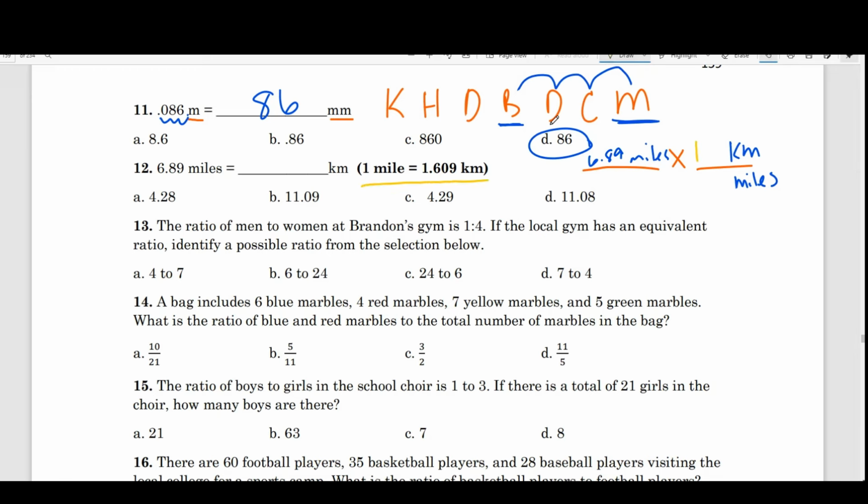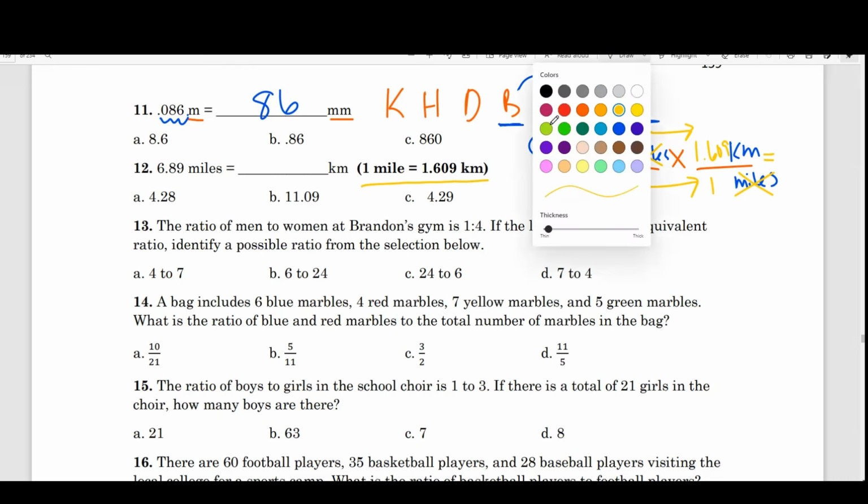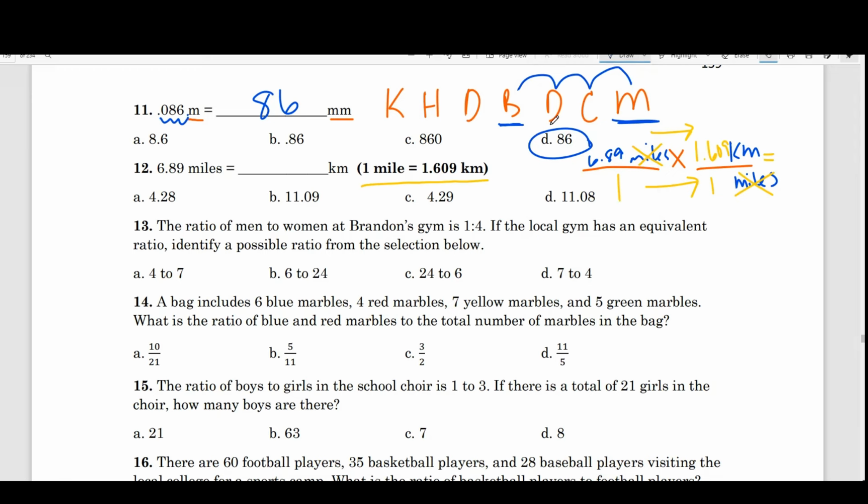So we have 1.609 and 1 mile. And we know we set it up correctly because the miles will end up canceling each other out. Add a 1 as a placeholder, and then multiply straight across. So that will give us 6.89 times 1.609 up top, and then 1 times 1 at the bottom.